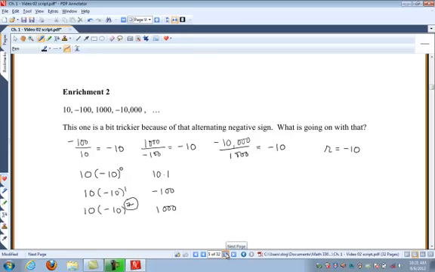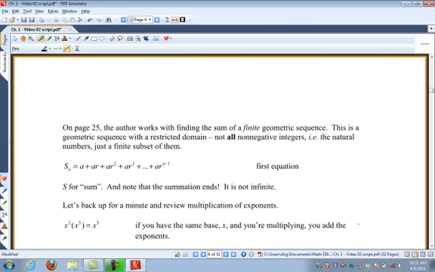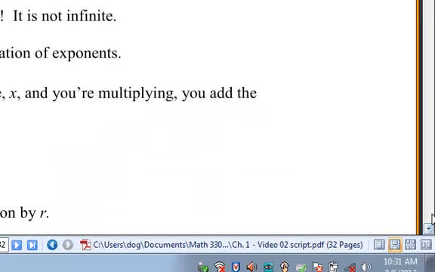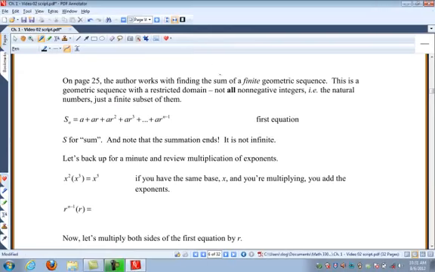Now back to the book. On page 25, the author works with finding the sum of a finite geometric sequence. This means it ends. It stops. Look here. We want the sum of a finite geometric sequence. So it has some n terms and then it stops. So here's my sum.